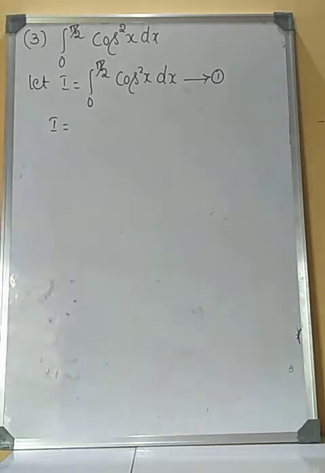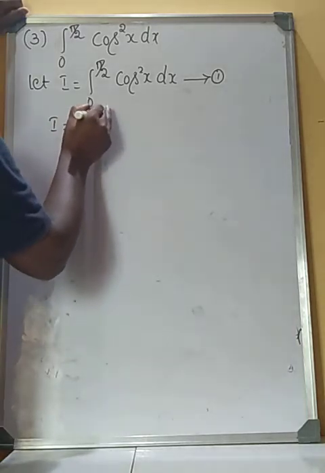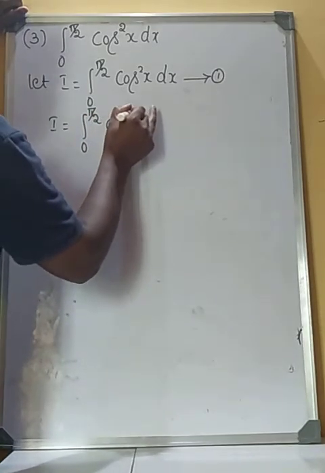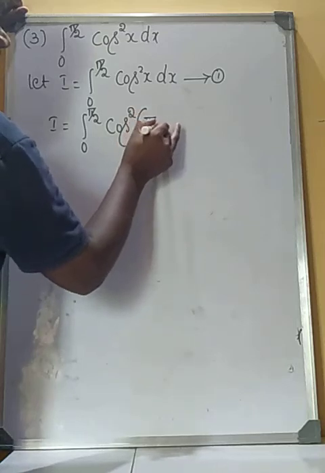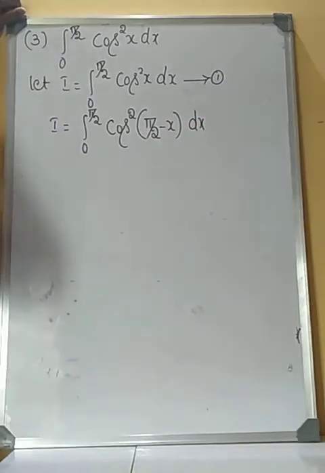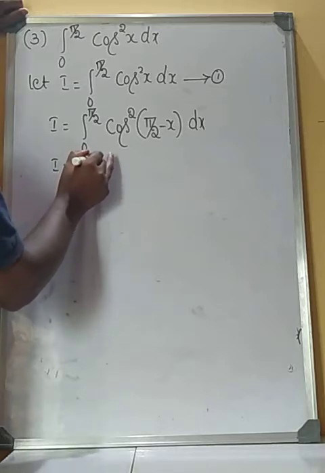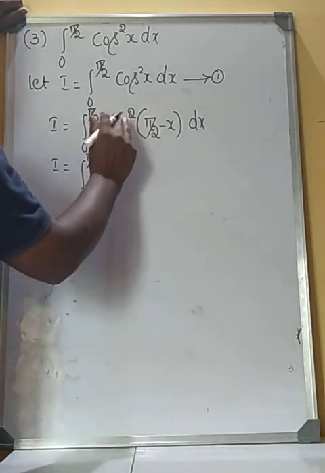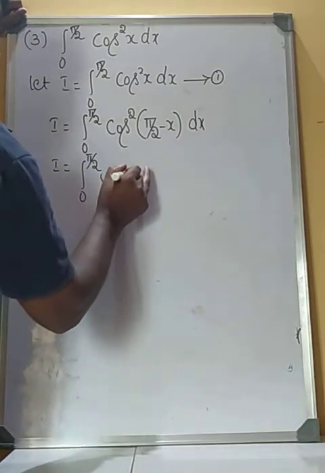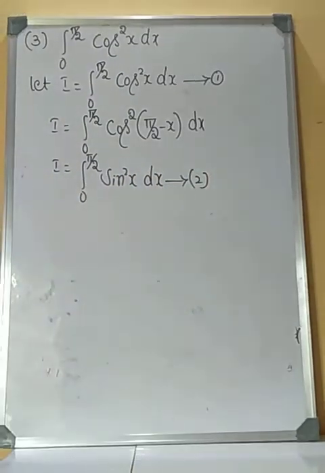Here also, by using property 5, I equals integral 0 to pi by 2 cos square of pi by 2 minus x into dx. Therefore I equals integral 0 to pi by 2 cos square, cos of 90 minus x is sin x, it is sin square x into dx, called equation number 2.